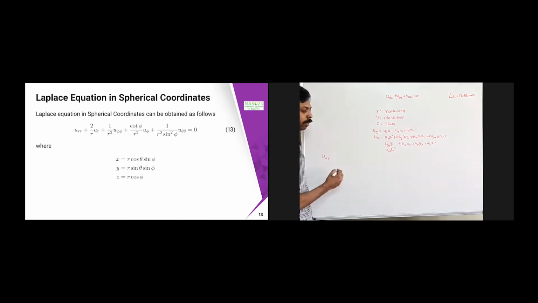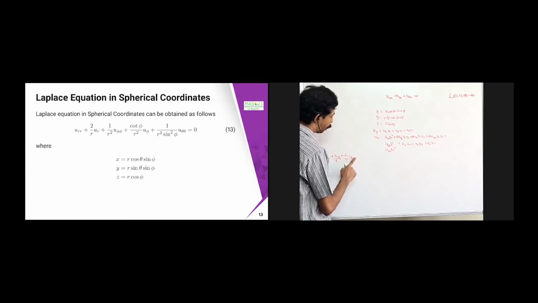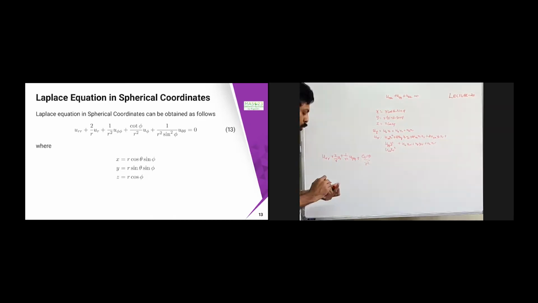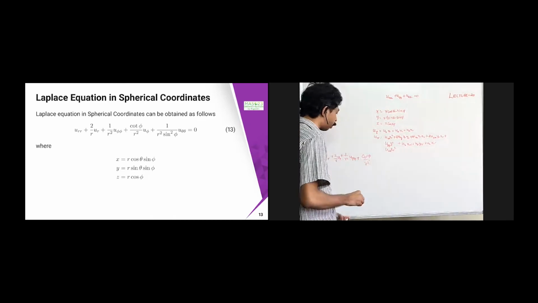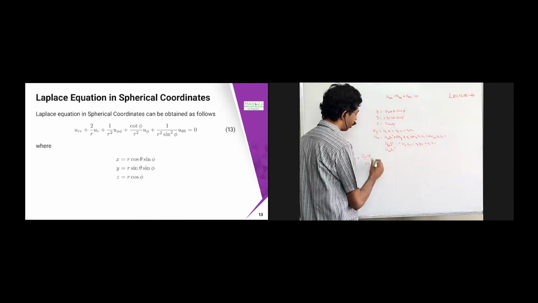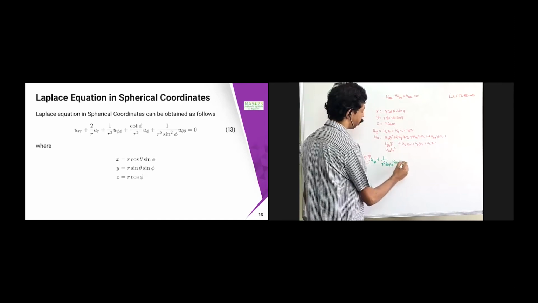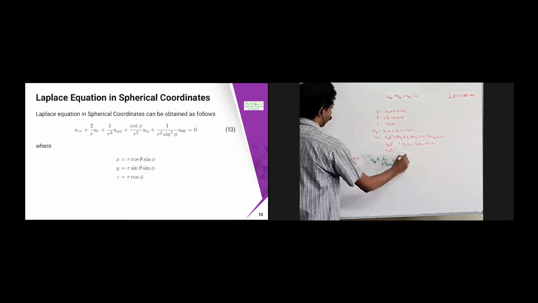The equation becomes u_rr plus 2 by r into u_r, plus 1 by r squared into u_phi phi, plus cot phi by r squared into u_phi, plus 1 by r squared sin squared phi into u_theta theta equal to 0. So this is your Laplace equation in spherical coordinates.